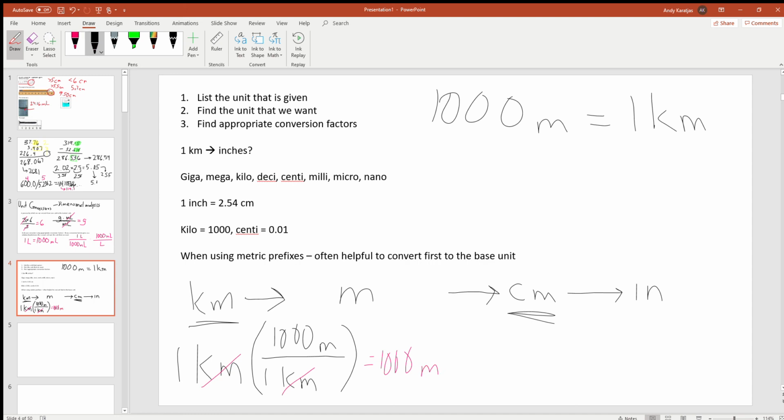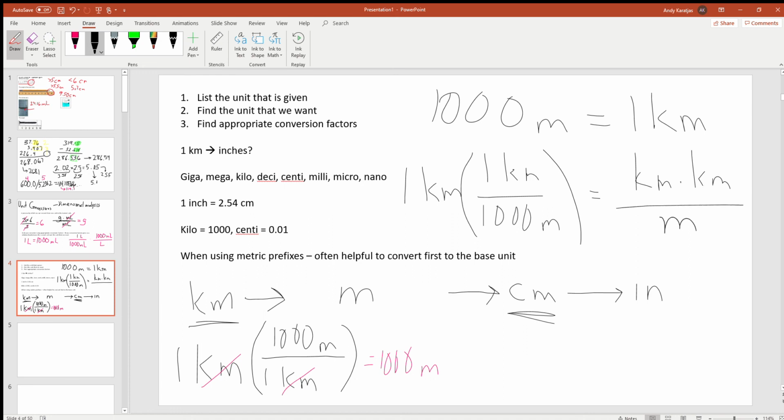Another way to think about this is what would have happened if we had flipped our conversion factor the wrong way. Then we would have had 1 kilometer times 1 kilometer over 1,000 meters. The first thing we can see is that our units don't cancel. We would have ended up with kilometers times kilometers over meters, and that doesn't really make sense as a unit.